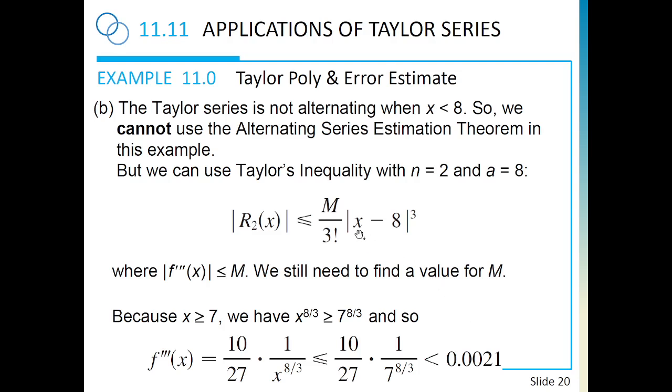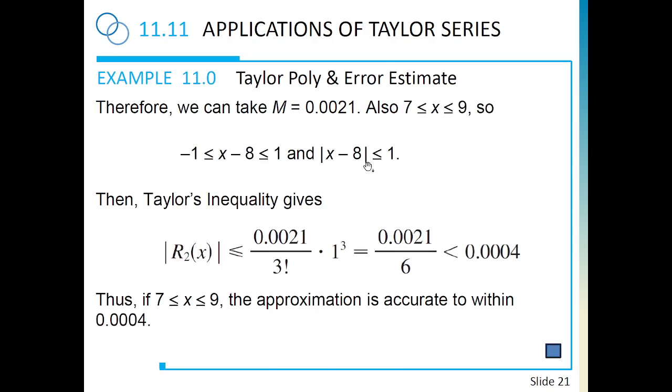Obviously, if x is between 7 and 9, x minus 8 is smaller than 1. That's obvious, because in the question it was given that x is between 7 and 9. So in that case, our remainder is smaller than this expression here, which is smaller than 0.0004.